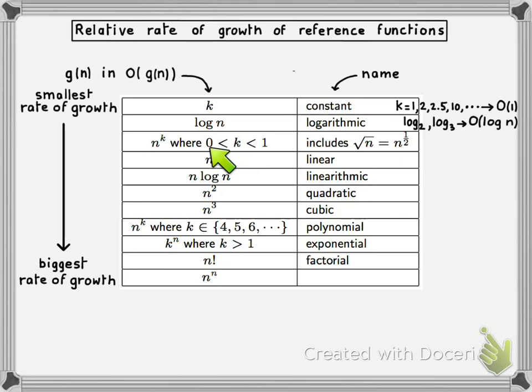So k could be 0.0001. Realize when you raise n to that value, that function grows very, very slowly. It doesn't matter though. The point is that whatever positive value of k you take, n to the power k, as slowly as it grows, still grows faster than the logarithmic function. That's what this table indicates. In particular, just remember that the square root function grows faster than the logarithmic function for that reason.